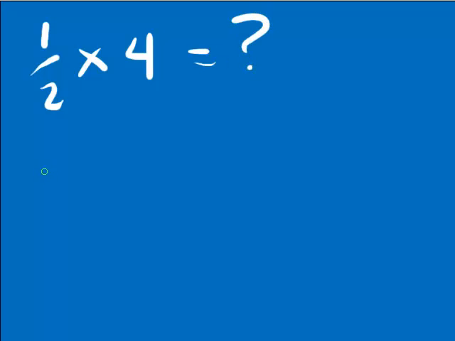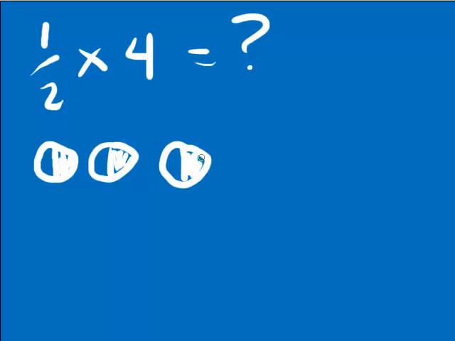Okay, 1/2 times 4 equals what? We can take 1/2 again, and we can go 1, 2, 3, 4.